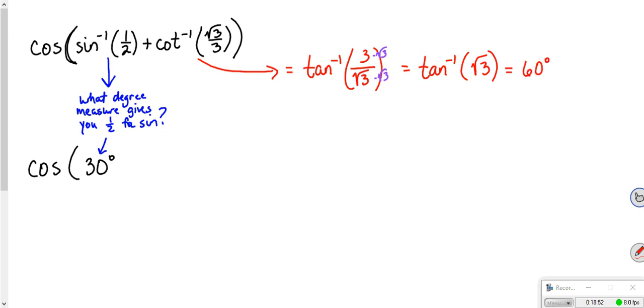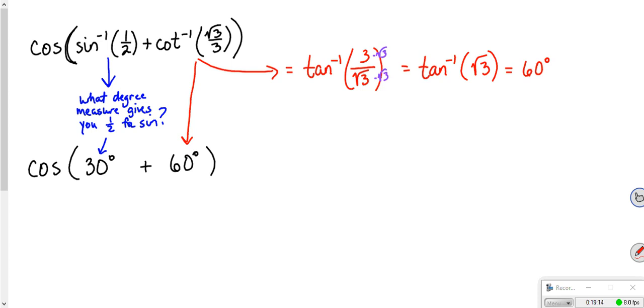So this part would be 60 degrees. You can think about this: remember, tangent is sine over cosine. But arctan of root 3 is 60 degrees.